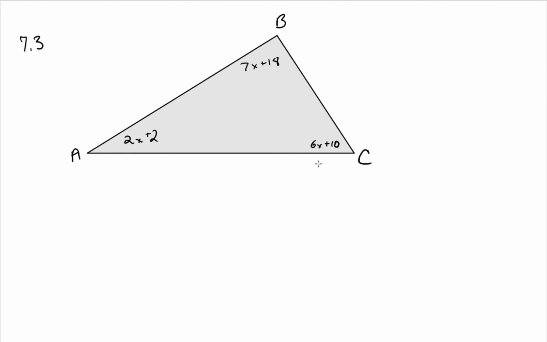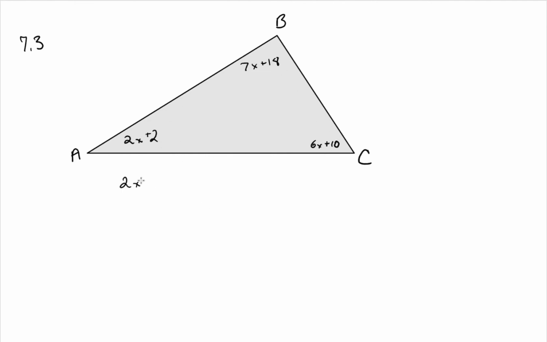Miss Tracy, we're supposed to have degrees for angles, not a formula. If you remember from geometry or from Algebra 1 and geometry, you learned that the inside measure of all three angles added together is always 180 degrees. So we can add all of these together and get 180 degrees.